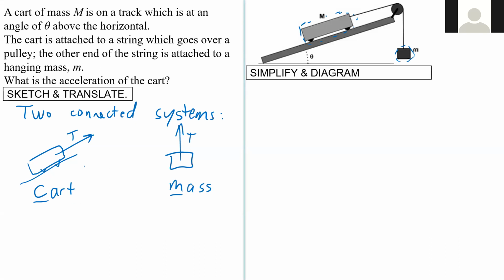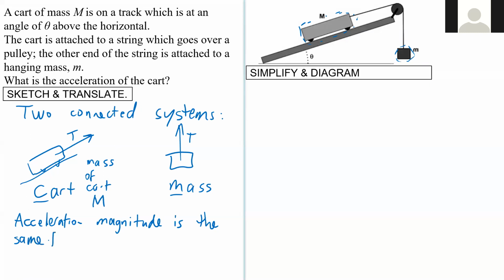The mass of the cart, this is a bit weird notation, but the mass of the cart is an uppercase M, and the mass of the little hanging mass is a lowercase m. And the idea here is that the acceleration magnitude is the same for both objects, for both systems, as they are connected by a string that does not stretch.